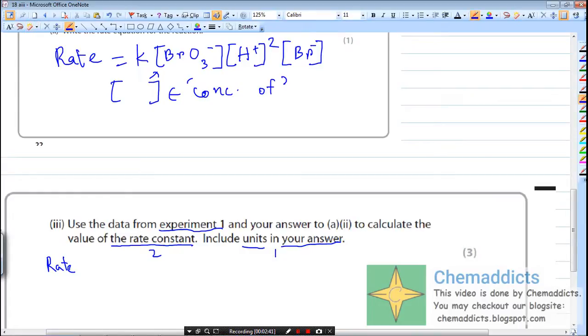So at first let us write the rate equation: rate equals k, BrO3 minus, H plus whole squared, Br minus.